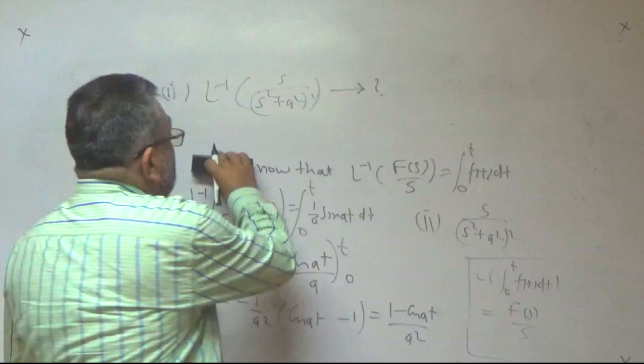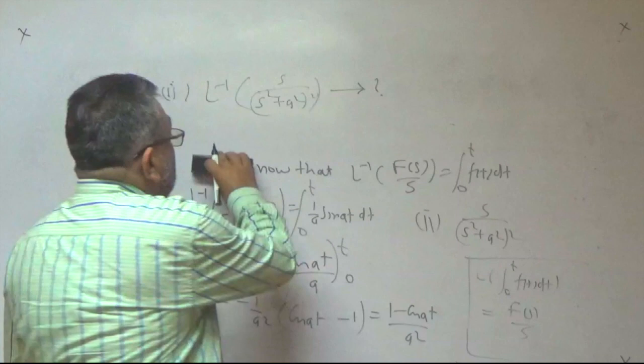Now substitute the lower and upper limits: sin(at) with upper limit t and lower limit 0. Here minus minus is plus 1 upon 2a. If we use the upper limit, putting u equal to t, then 2at minus at gives cos(at), and for the lower limit u is 0, so again cos(minus at), right?